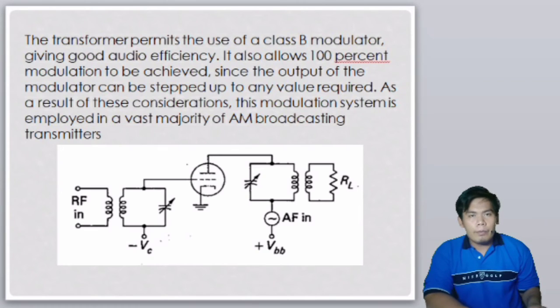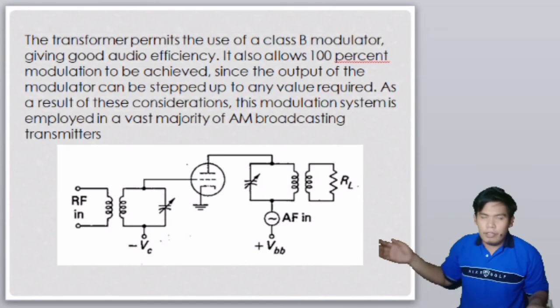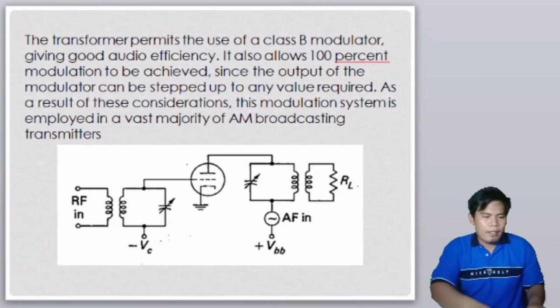It also allows 100% modulation to be achieved, since the output of the modulator can be stepped up to any value required. As a result of these considerations, this modulation system is employed in a vast majority of AM broadcasting transmitters. At ito yung example na circuit.